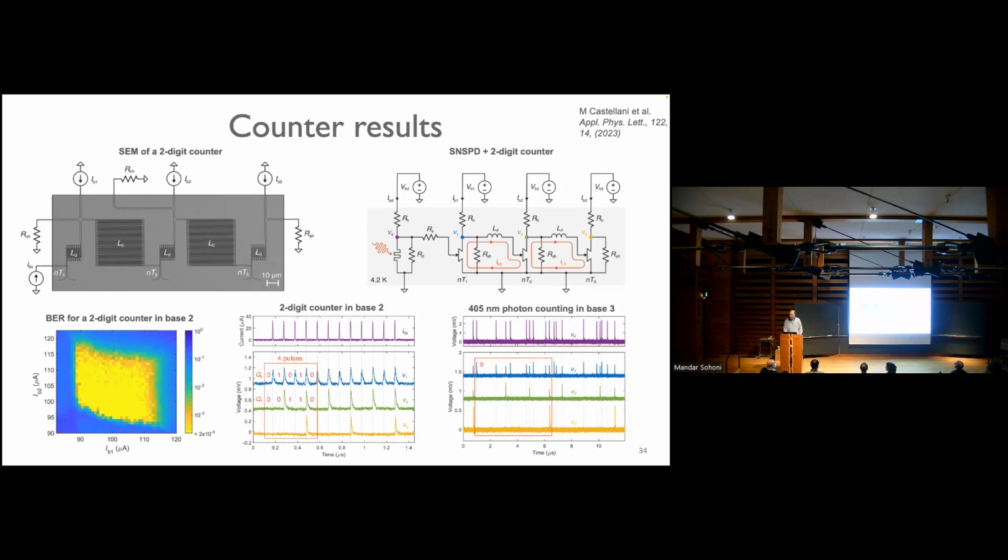Do you have an on-demand single photon source? No, we just shine light in there. Visible or infrared light comes in, hits one of these wires, makes the wire switch. Now that pulse travels into here.